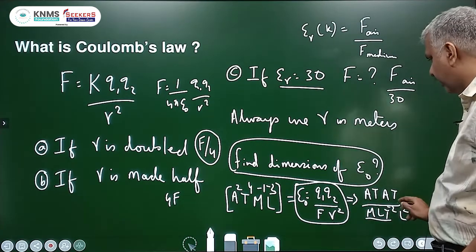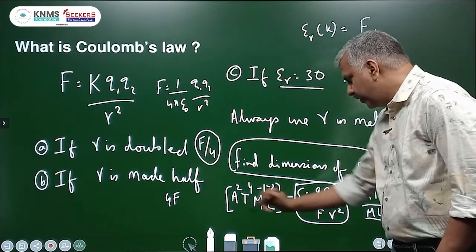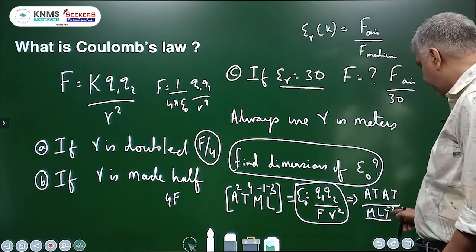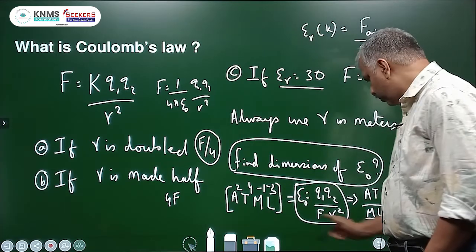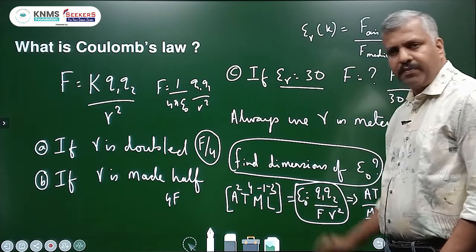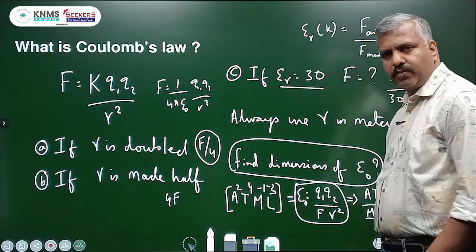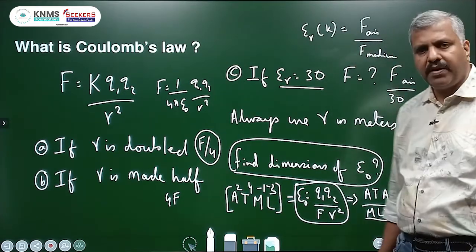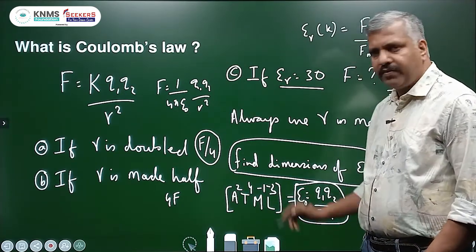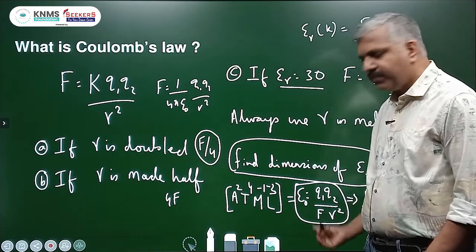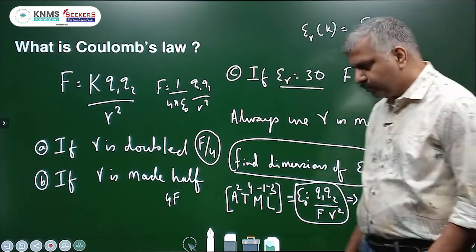If I multiply all this and rearrange, I will get A squared, T power 4, M power minus 1, L power minus 3. So the dimensions of permittivity will be A squared T power 4 M power minus 1 L power minus 3. Okay, thank you.